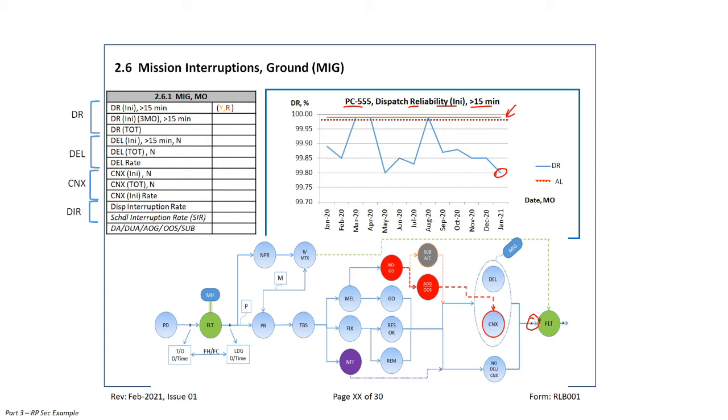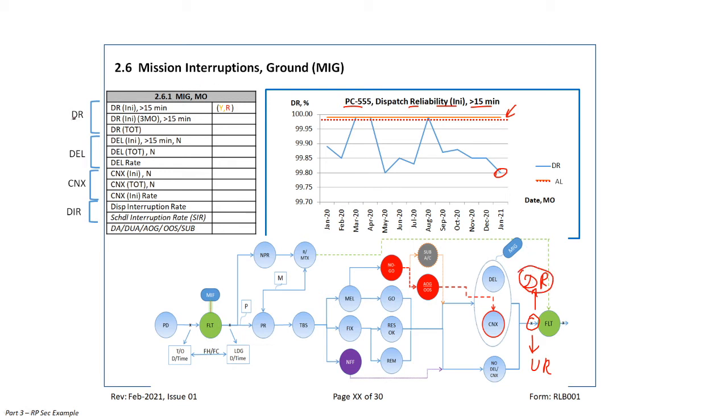And as we said, we would like to know how reliable is this point, dispatch reliability, or how unreliable is this point. Let's start from dispatch reliability. How reliable is this point?